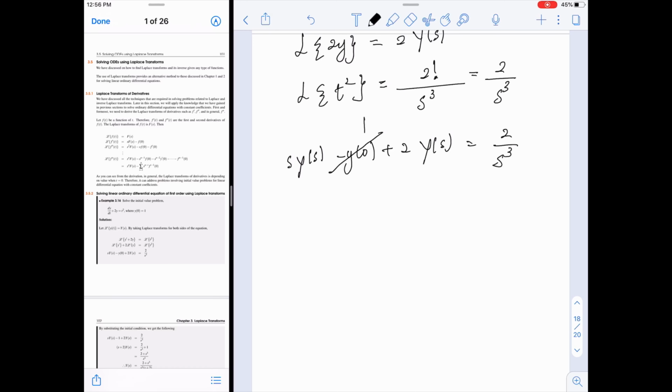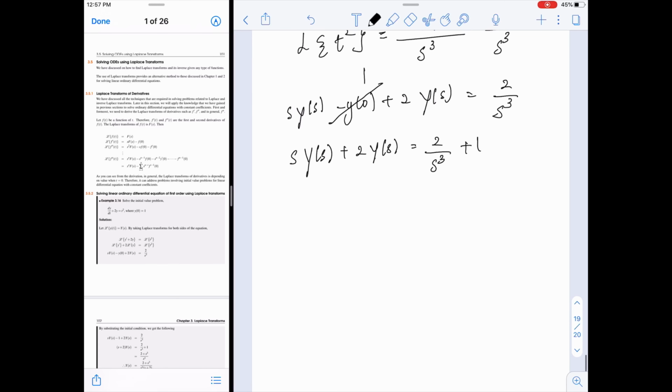Let me write again for you. We have sY(s) plus 2Y(s) equal to 2 over s cubed, and then I bring the negative one to the right hand side, becoming plus 1. Now I need to factorize Y(s), where I will get s plus 2 here.